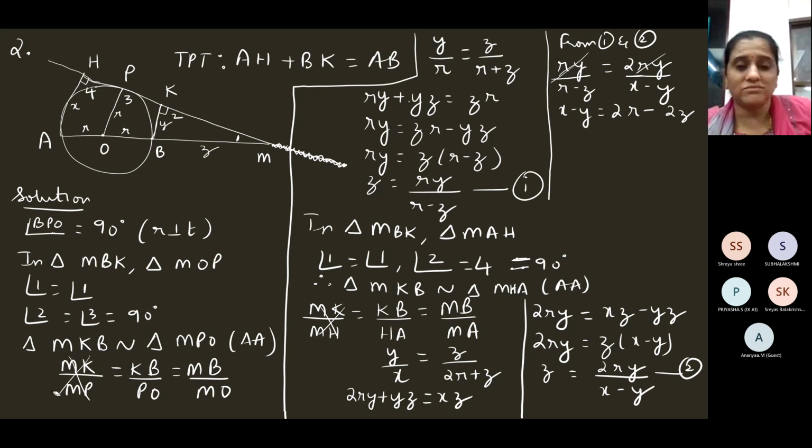R minus Y. Z is common, so R minus Y. Z is equal to R by R minus Y. X minus Y. R by R minus Y. So 2x minus y is equal to 2r minus 2y.